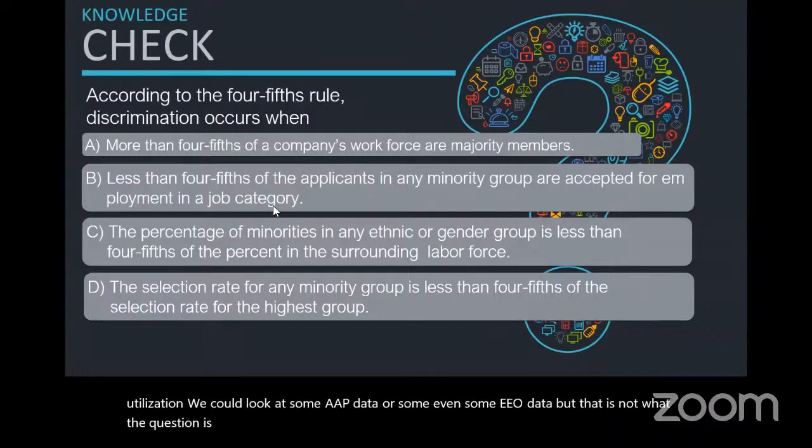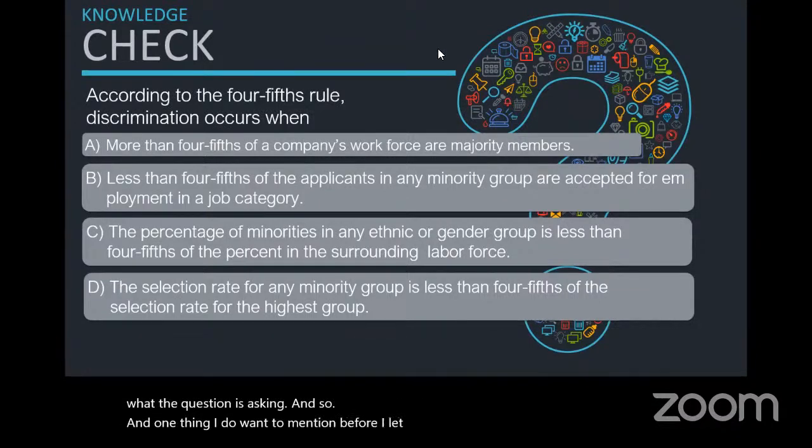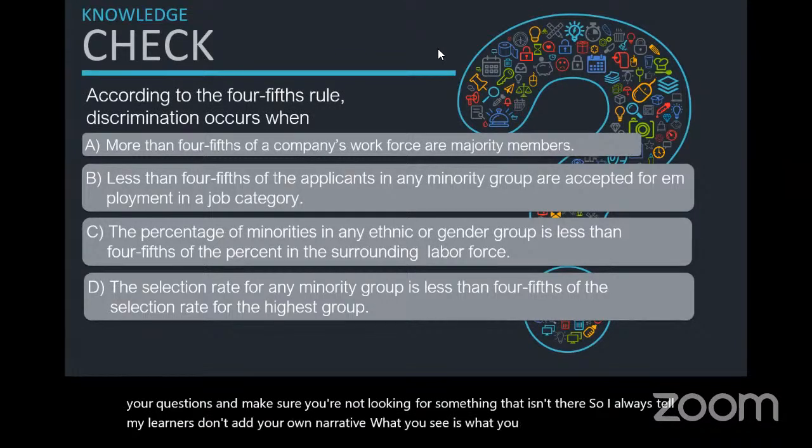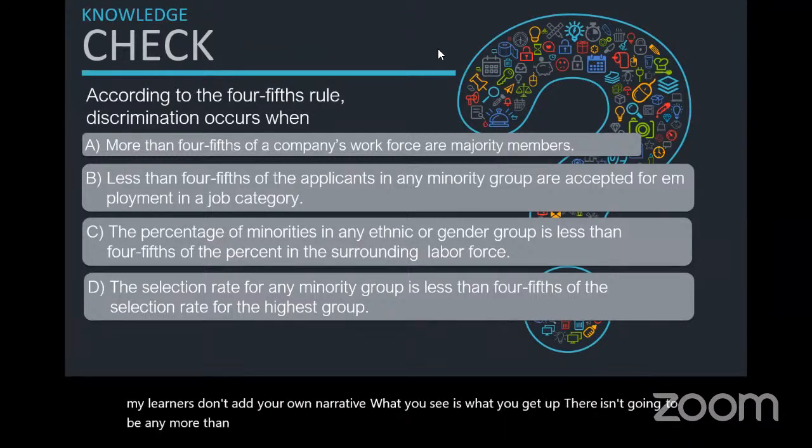One thing I do want to mention before I let you all go is when you are reading through your questions, make sure you're not looking for something that isn't there. I always tell my learners, don't add your own narrative. What you see is what you get. There isn't going to be any more than that. I know as HR professionals, we want the whole kit and caboodle.